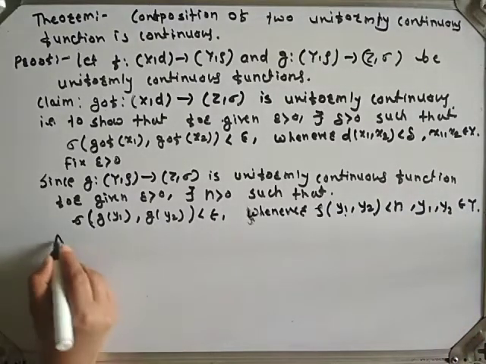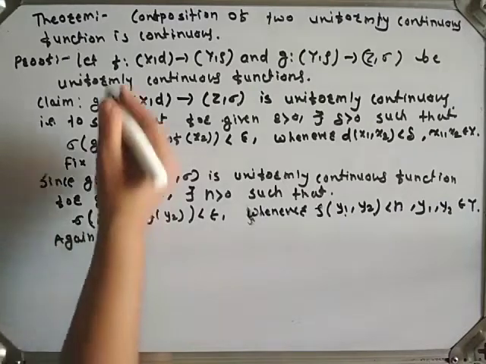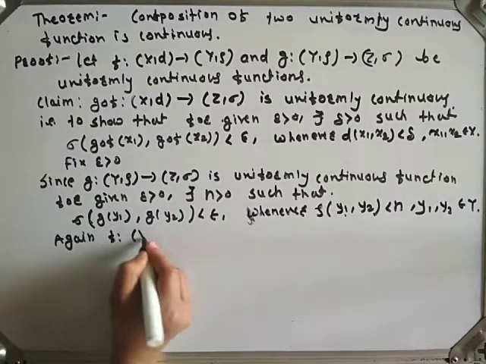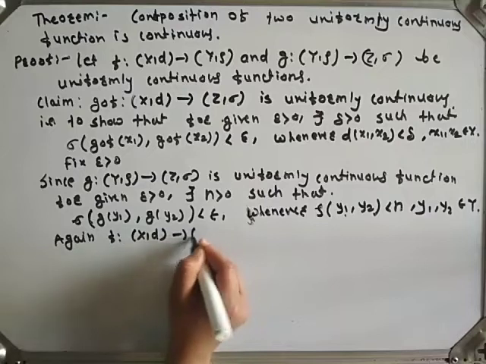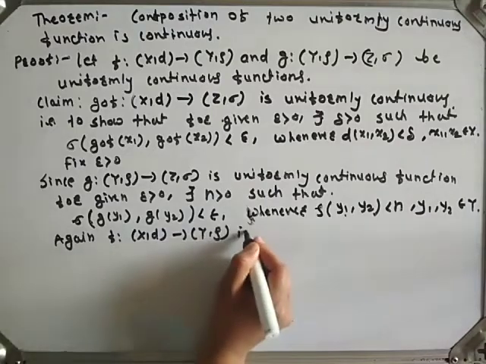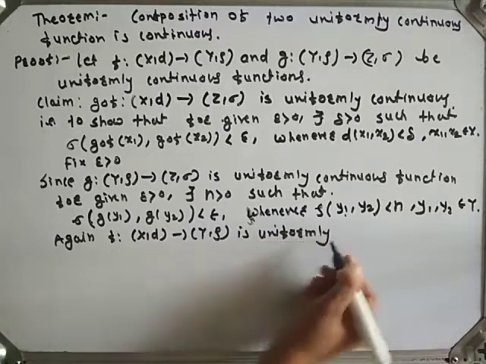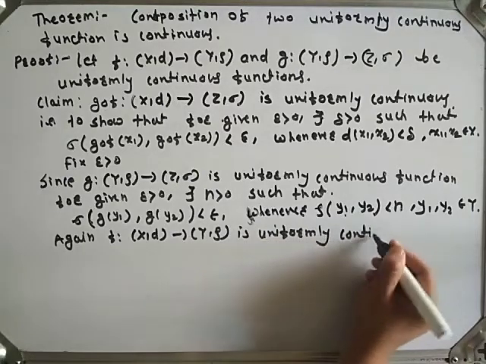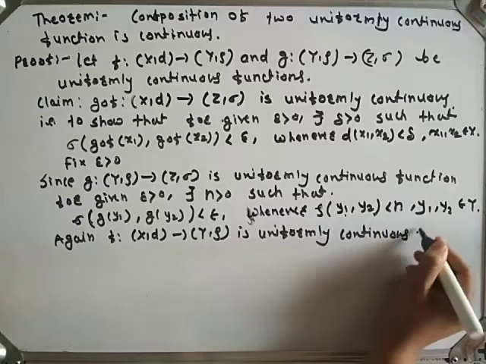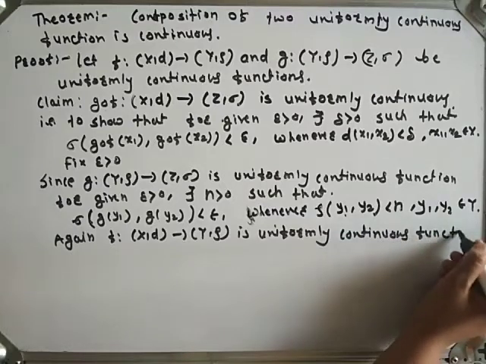Okay. Again, f from (X, d) to (Y, rho) is a uniformly continuous function.